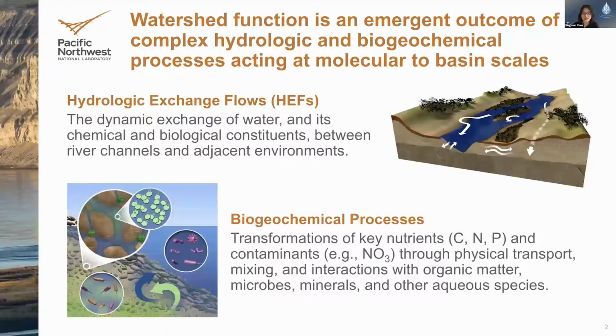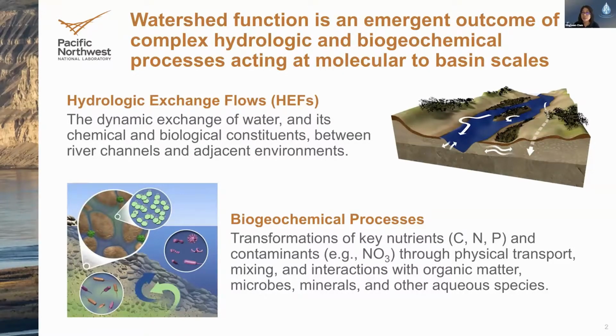When we talk about watershed function, we're talking about the complex hydrologic and biogeochemical processes happening within a watershed. It's impacted by processes happening from the molecular scale all the way to the watershed or basin scale.